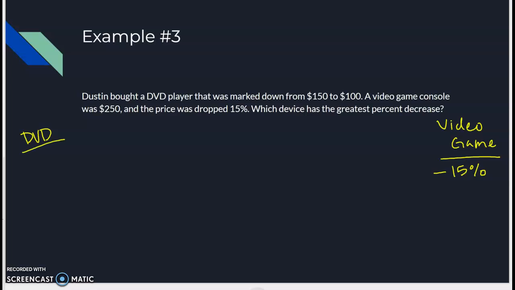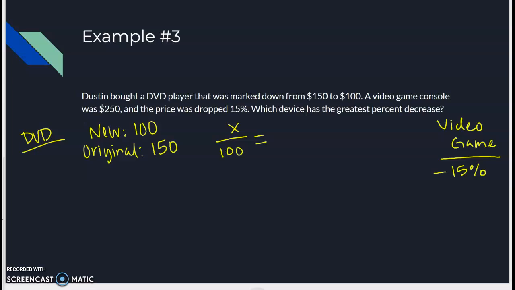So over here, the new price, if it was marked down, then that means the new price is the cheaper price. The original price was more expensive. It was $150. And then we're plugging everything into that proportion. So we need our percent out of 100.